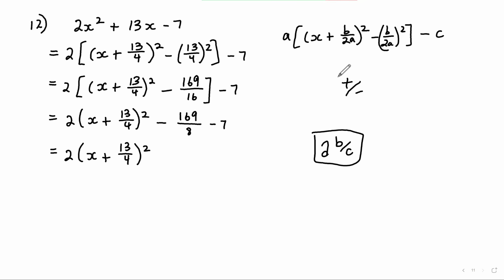That's this one, so you press that, and then 169, then the fraction key and then 8. On your screen you'll see minus 169 over 8. Then subtract 7 and see what you got.